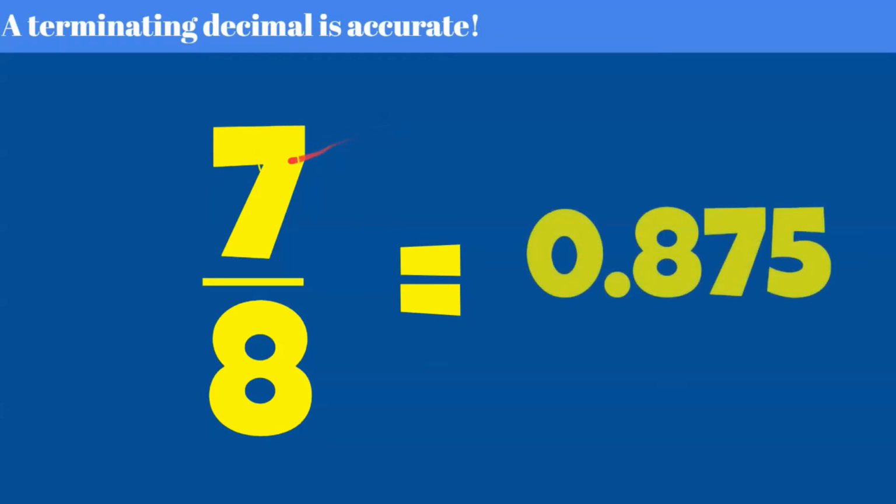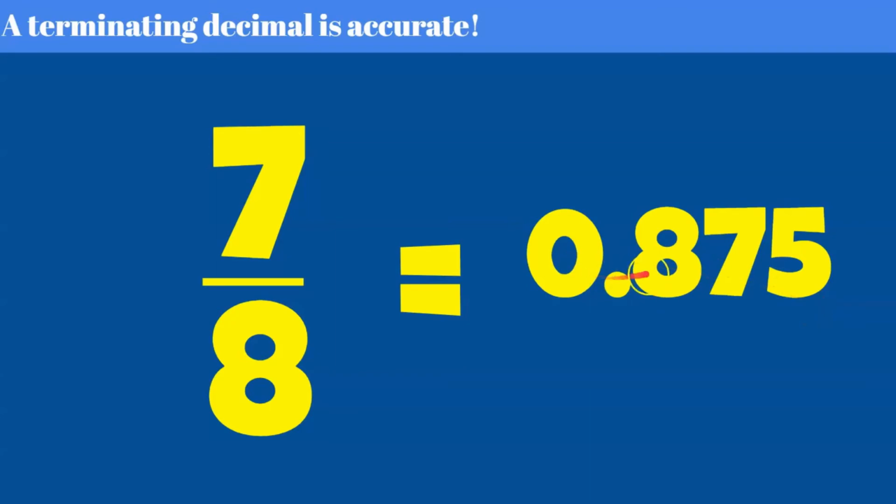A terminating decimal is accurate and it is okay. If you plug in 7 divided by 8 into your calculator, you're going to get a terminating decimal, meaning it ends. You get 0.875. These are equivalent. So 7/8 is equal to the decimal 0.875. You need all 3 decimal places. You need all of these digits. You cannot round it.